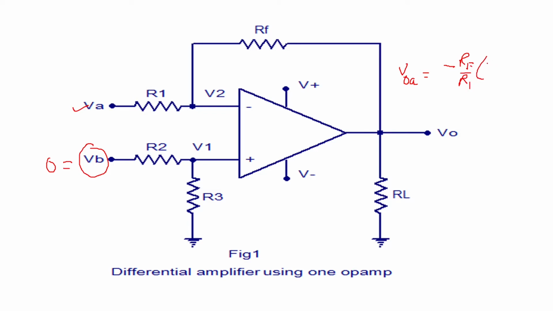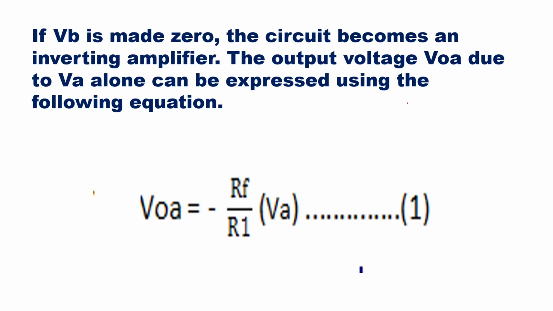VA. That is VA minus 0, but it will come as VA. So it is minus RF upon R1 into VA. This is the output when VB is equal to 0. So here you can see if VB is made 0, the circuit becomes an inverting amplifier.